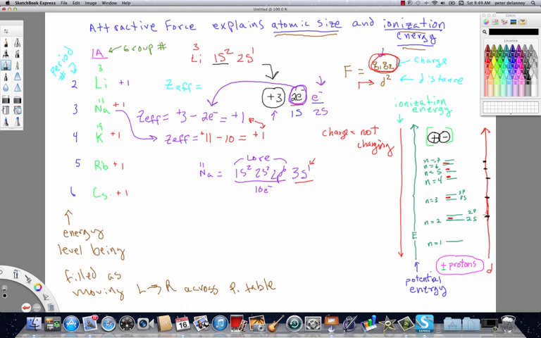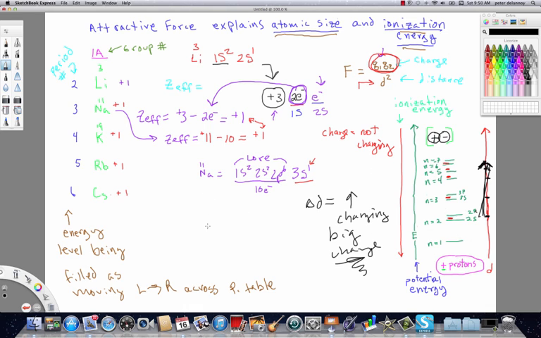The consequence of this is the distance is going up as we move down any group. So your distance factor, delta D, is a huge, big change as we move down the group.